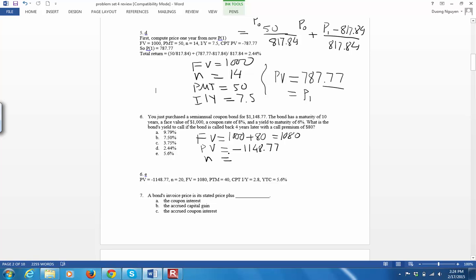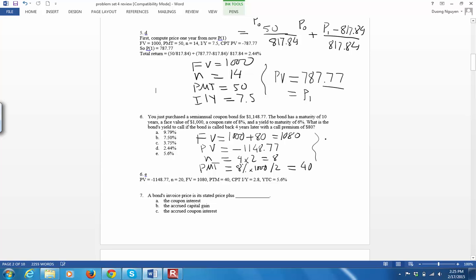The bond is called back in 4 years, but it is a semi-annual bond, so you have 8 payments, 4 times 2 equal to 8. How much is the coupon payment for one period of 6 months? The coupon rate is 8%, so 8% times 1,000 divided by 2 is equal to 40. This one payment you get $40.